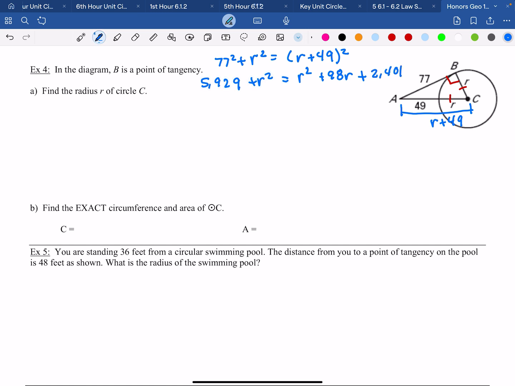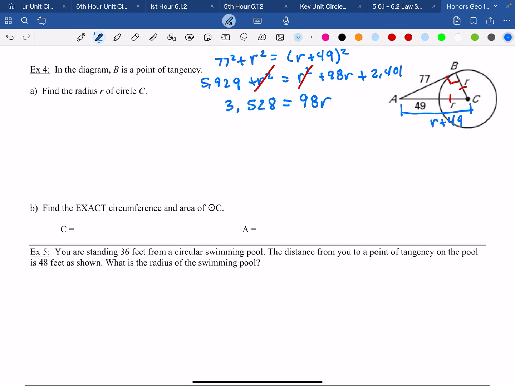Now when you go to solve for r, notice on both sides you have an r squared that cancels out. So those go away. Then I'm going to subtract the 2,401 from the 5,929. When I subtract that, I end up with 3,528, and that equals 98r.